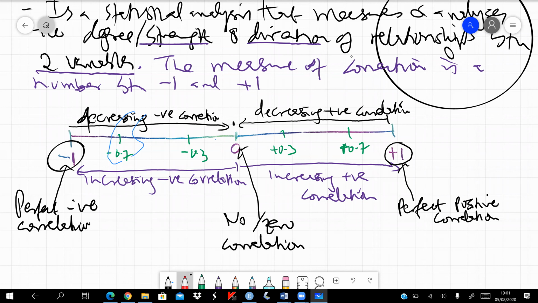So any value which is here, you can say this is low. You can claim this is moderate. So this is low negative. This is moderate negative. Whatever is here, you can say it is high negative. Of course, those are very subjective statements.